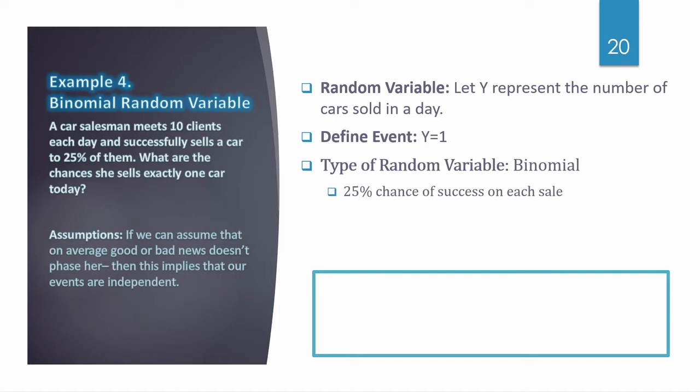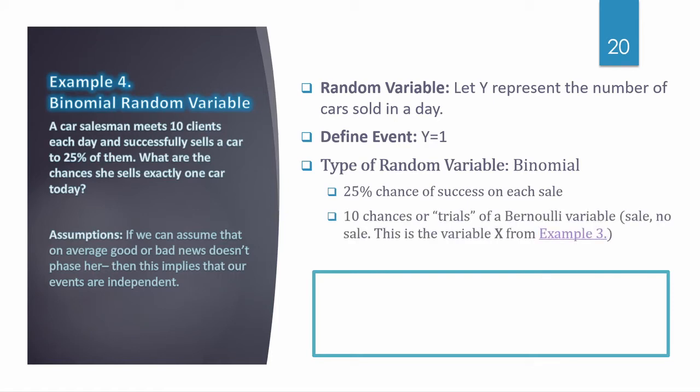I know this because there is a 25% chance of success on any one of the sales, and there are 10 chances or trials of this Bernoulli random variable, sale or no sale, which we called X before. Please notice I am using a different variable to represent this outcome here, Y, and it is related to the underlying Bernoulli random variable X.